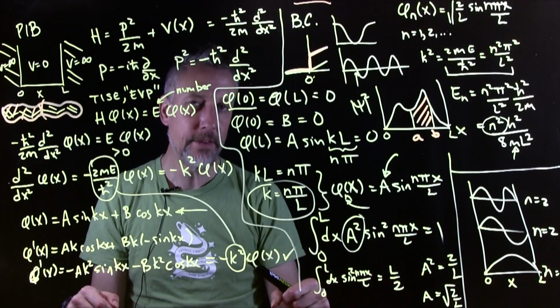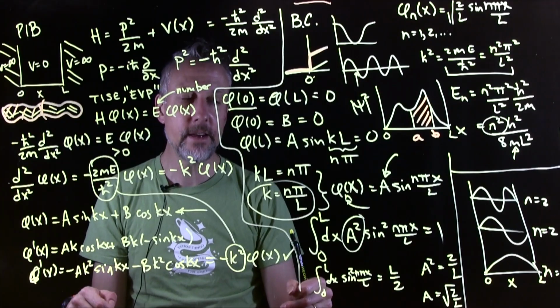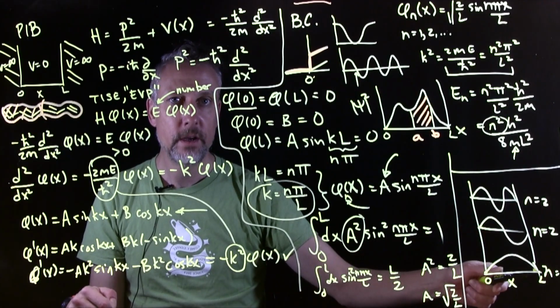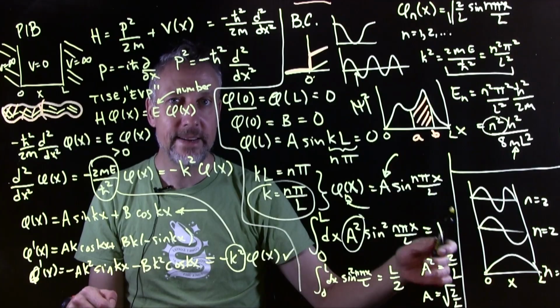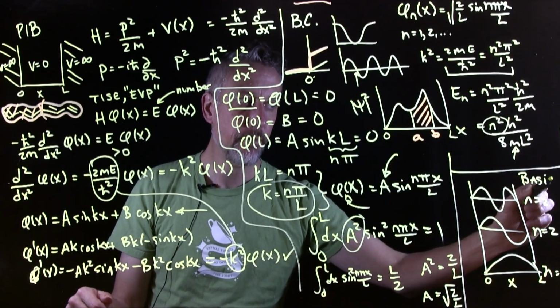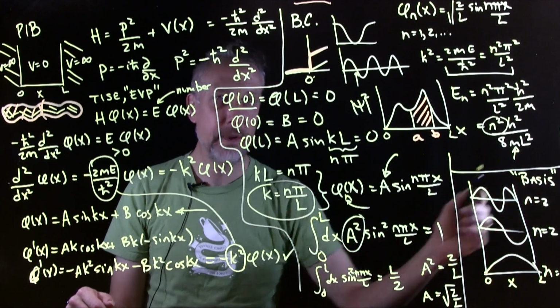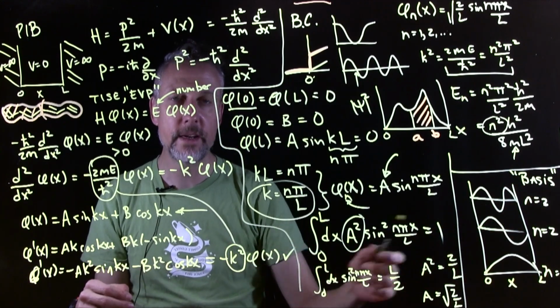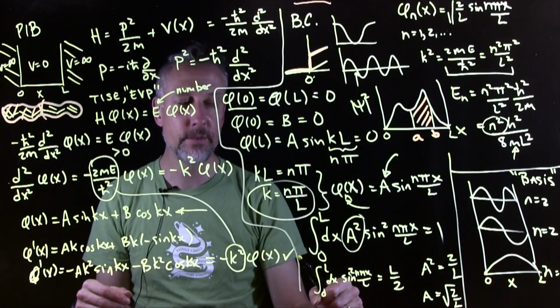Okay? That's very important. So there's an idea here that these functions are a basis. A basis. This is an important word. They're a basis for any function that you could write in the space, with the boundary conditions.